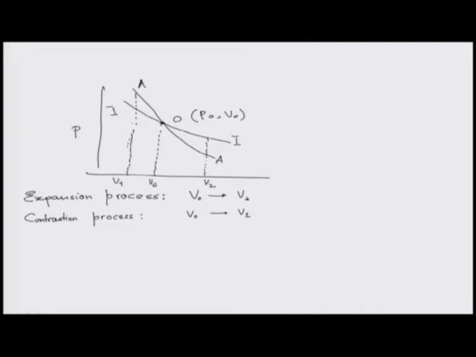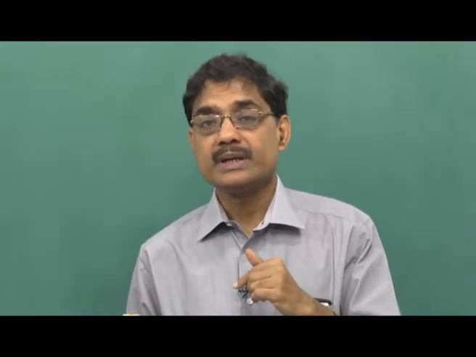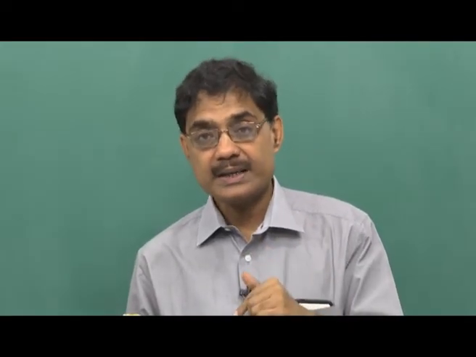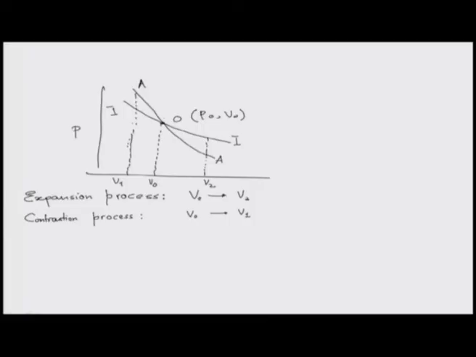Now, ask the question: if I consider an expansion process, work done is more in which process, adiabatic or isothermal, if I start from the same V naught? Let me address this question.